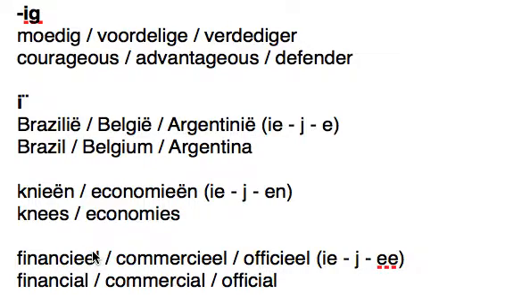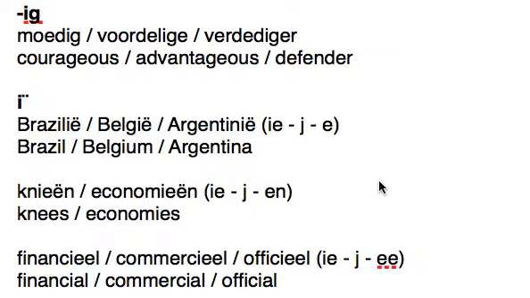Remember that you have to pronounce it just like here. Financieel, commercieel, officieel. All right, so remember double dot, or if there are two E's here, IE, IE, or IEN, so knieën.